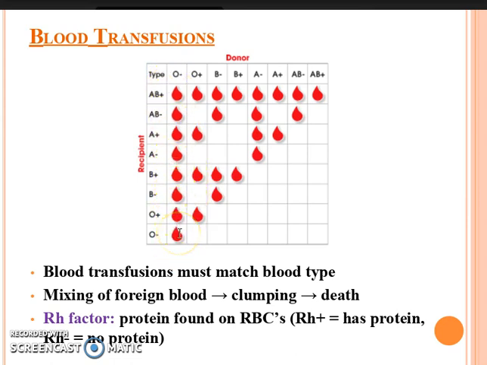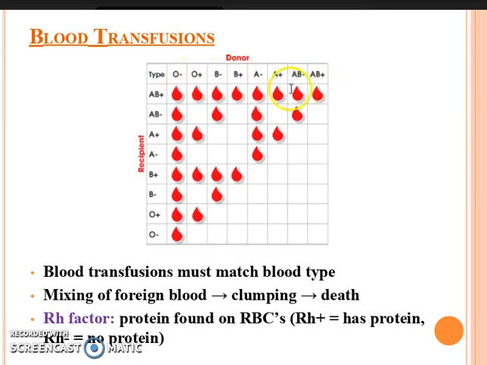Like they're set. In the case of B minus, they can donate their blood to any AB or any B. But if we go to B plus, they can only donate to AB plus or B plus.